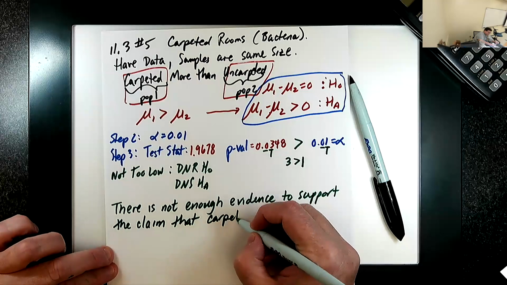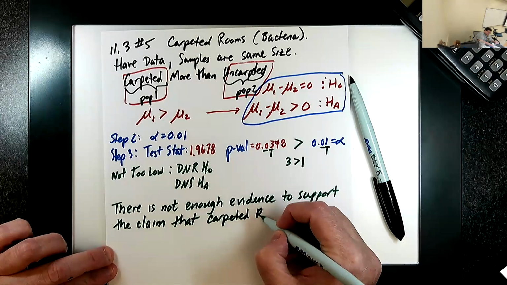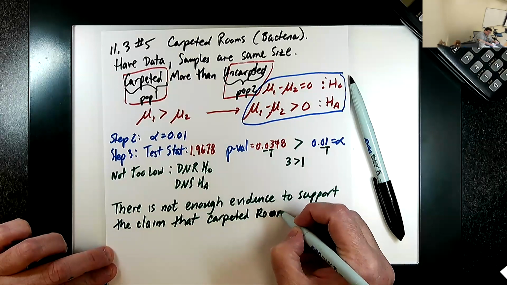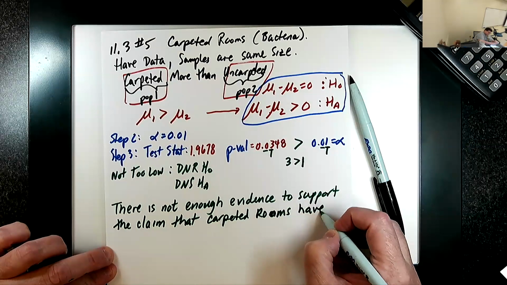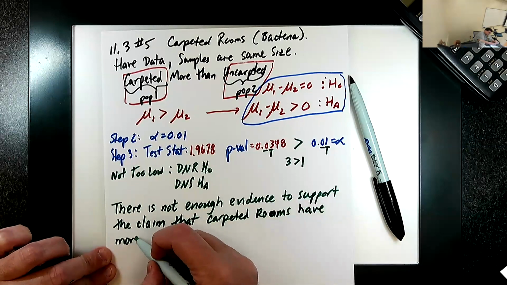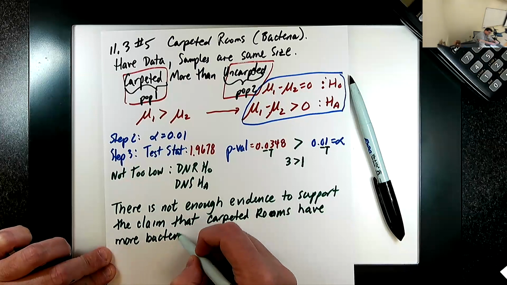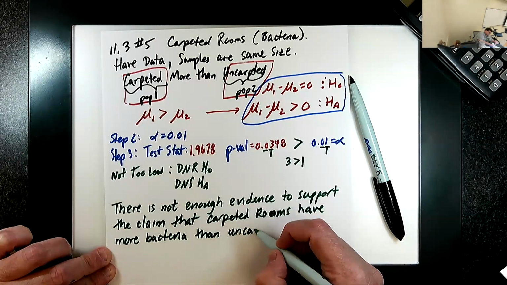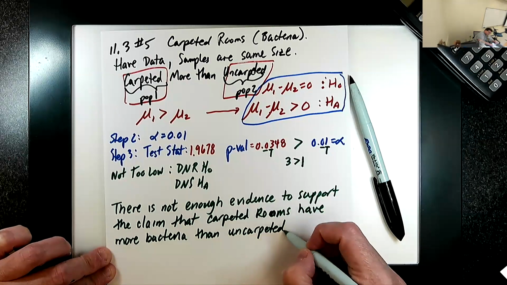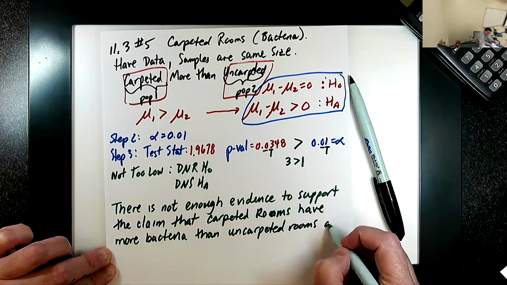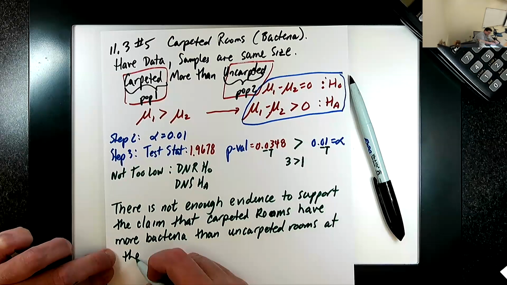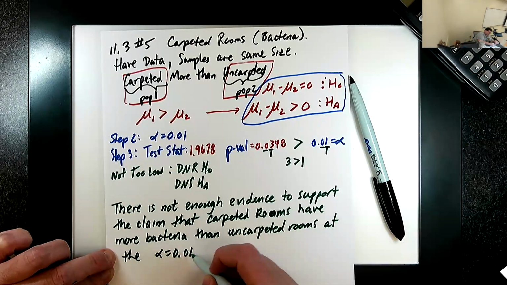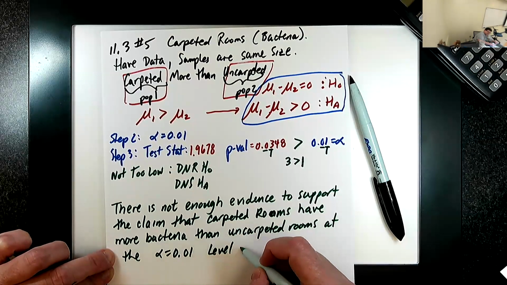Carpeted rooms have more bacteria than uncarpeted rooms, at the alpha equals 0.01 level of significance.